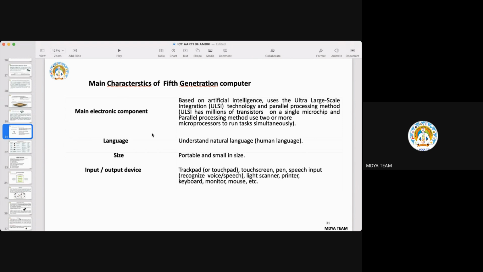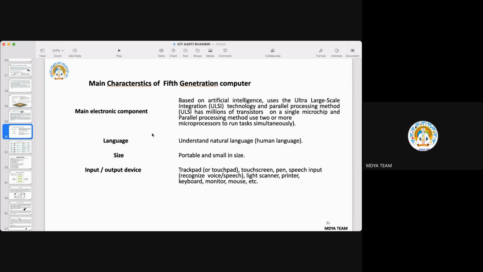You don't need to be a computer expert to operate a computer. It is not a requirement nowadays. Anyone can use it. So size is portable. It is a very small size, you can have it within your palms.